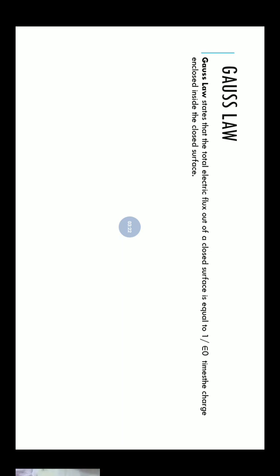So Gauss law states that the total electric flux coming out of a closed surface is 1 by epsilon naught times the charge enclosed inside the surface.